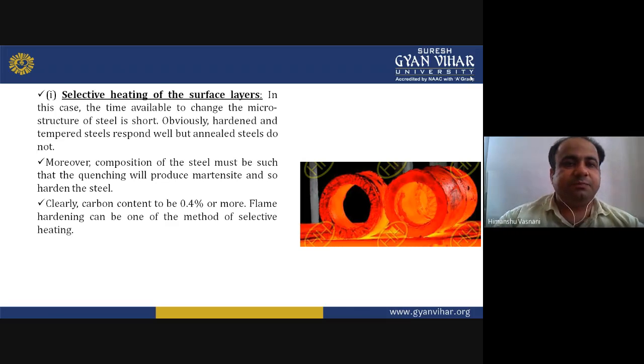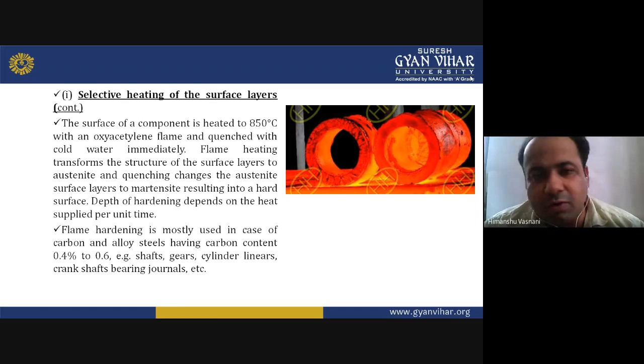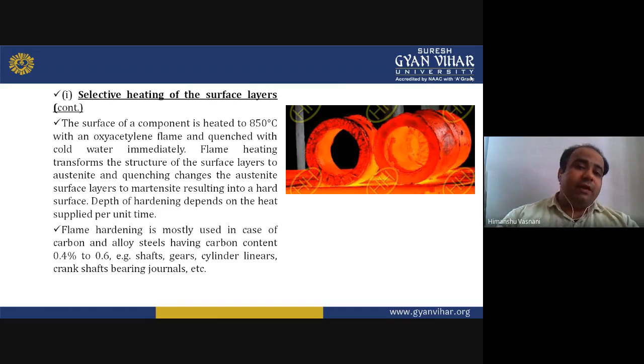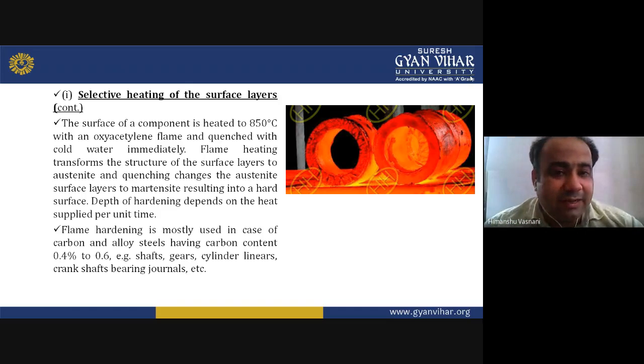Now, in flame hardening, the surface of the component is heated to 850 degrees centigrade with an oxyacetylene flame, the kind we see in gas welding, and quenched immediately with cold water.